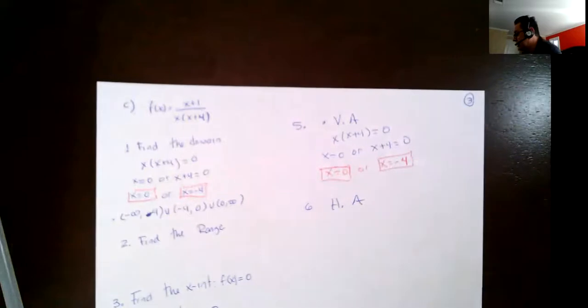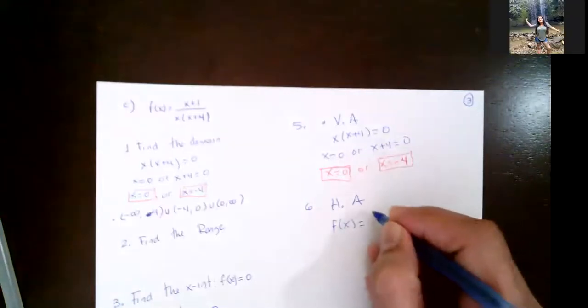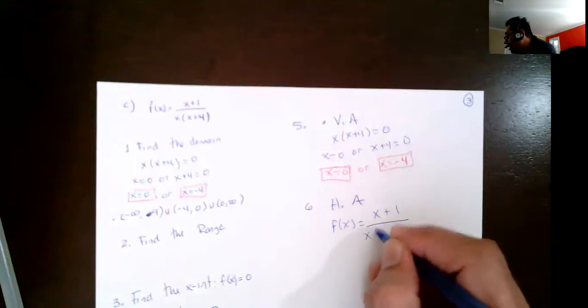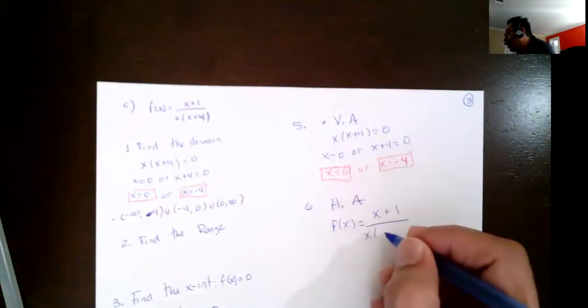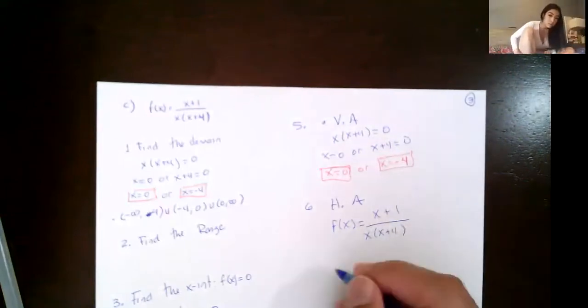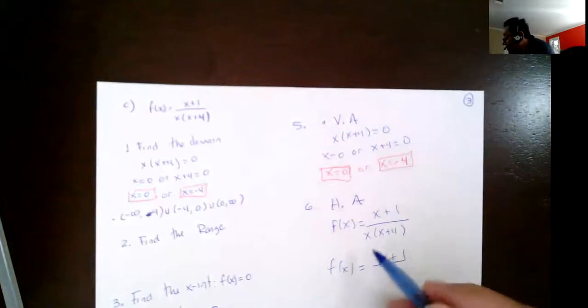For the ones who didn't see it, let me show you what to do if you're not sure. Remember that in order to find the horizontal asymptote, we are always comparing the degrees of the leading terms. So do this: x plus 1. In the denominator, distribute the x. So you have x times x is x squared plus 4x.